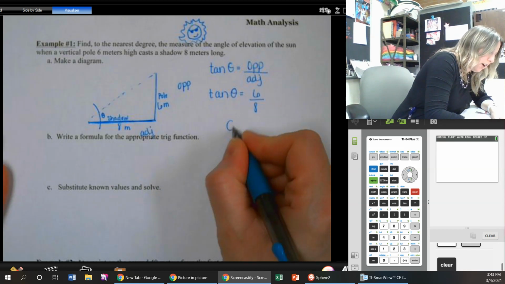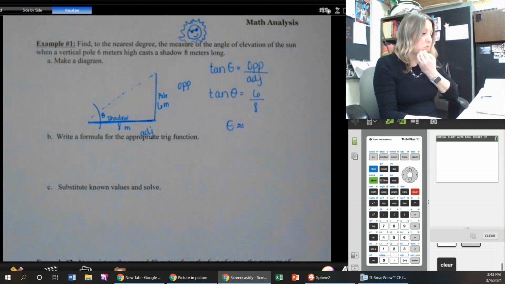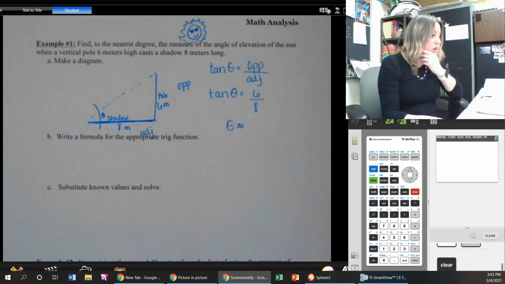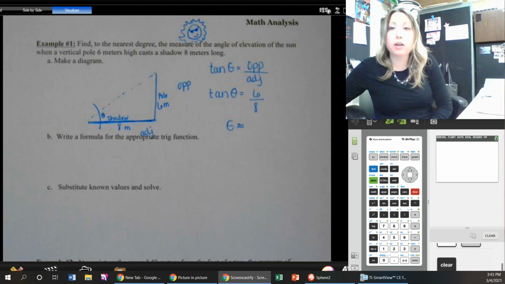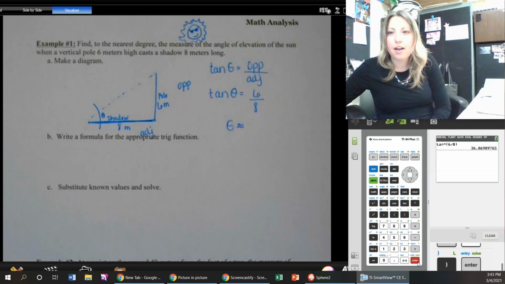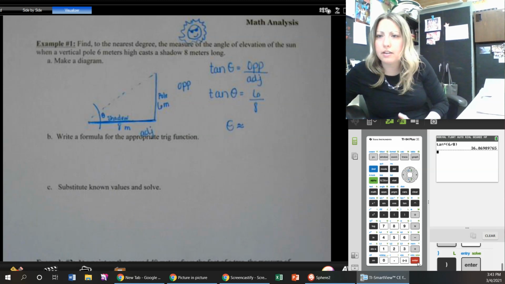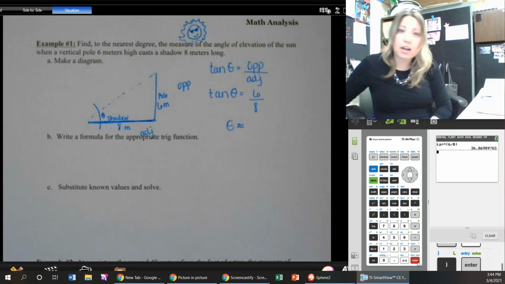So that means, to the nearest degree, I plug in here, and it's second tangent function, 6 over 8, same as 3 over 4, by the way. I know this is a 3, 4, 5 right triangle. And that angle rounded to the nearest degree is 37 degrees.